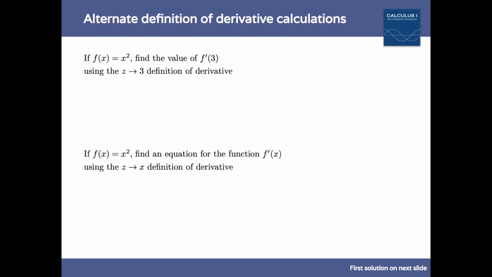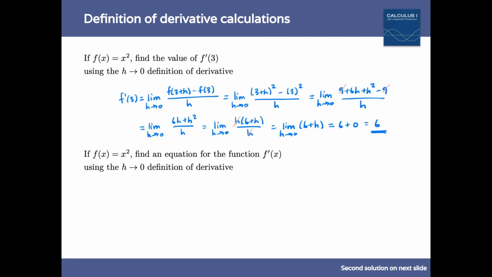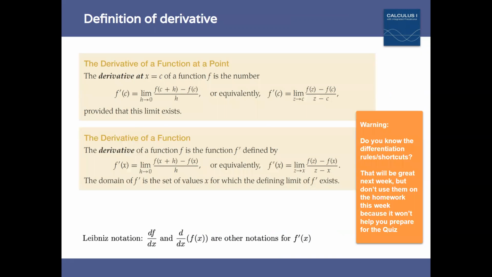All right, let's go to the next one. Now it's slightly different. Instead of using this definition for the derivative at a point, you're going to use this one, and then you're going to let z go to x instead of z going to c. So that's the third and fourth one on that sheet.